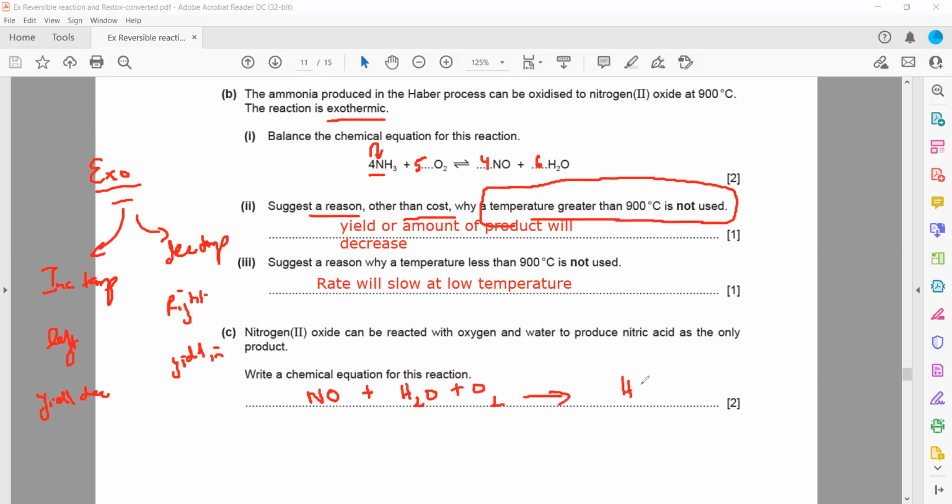The formula of nitric acid is HNO3. Whenever you write the equation it must be balanced, but you don't have to memorize it right now because it is related to the acid topic, the next chapter. So it will form 4 molecules of nitric acid.